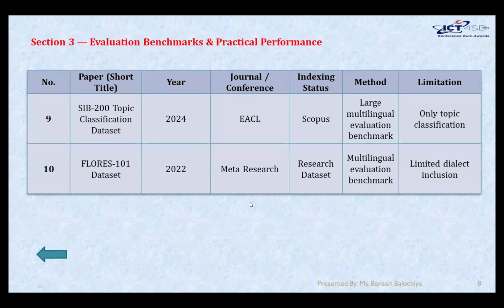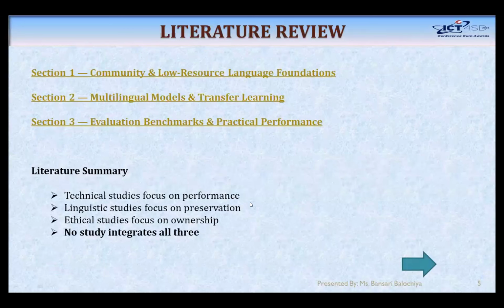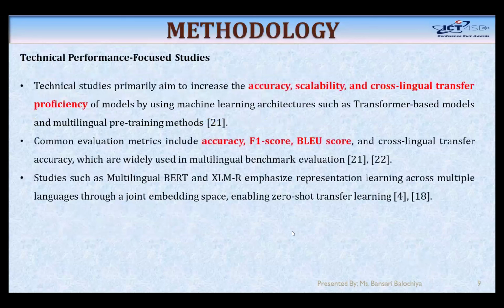If I summarize my literature review: first, technical studies focus on performance, linguistic studies focus on preservation, and ethical studies focus on ownership. But no one study integrates all three. Let me summarize the technical performance focused studies: accuracy, scalability, cross-language transfer proficiency.